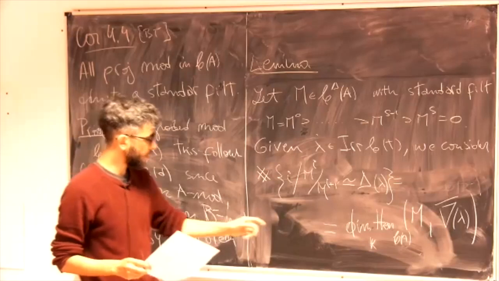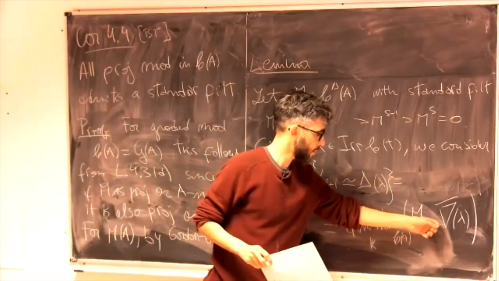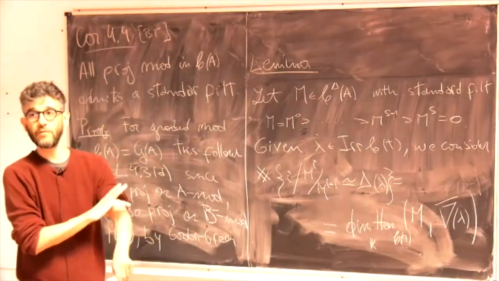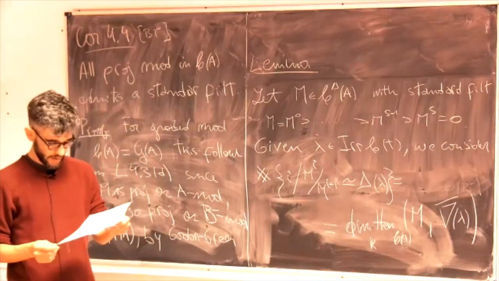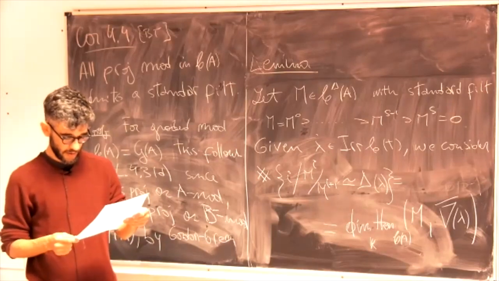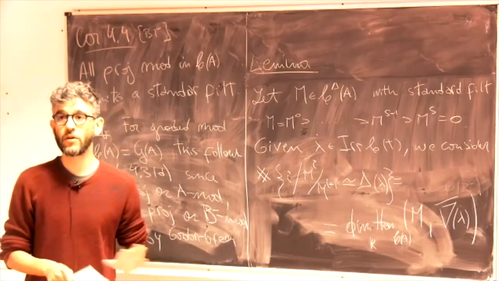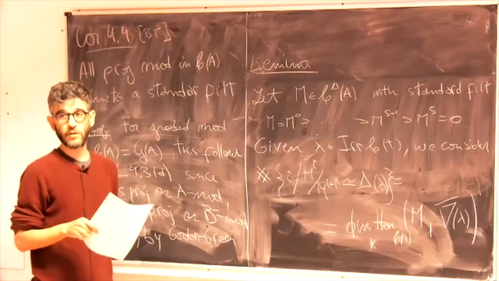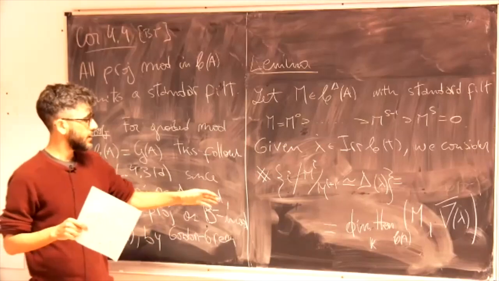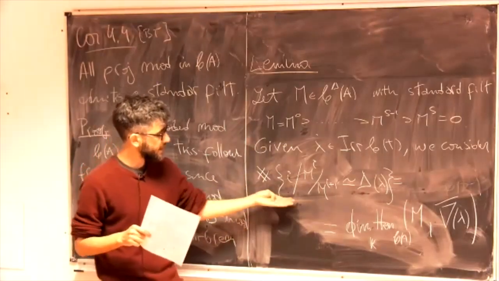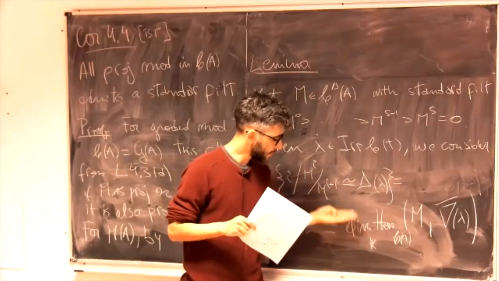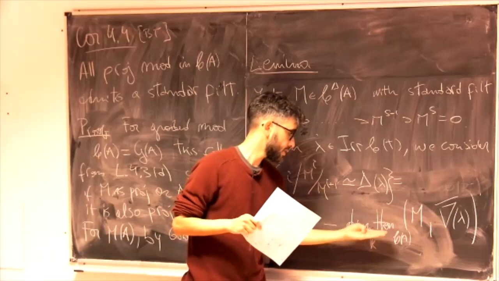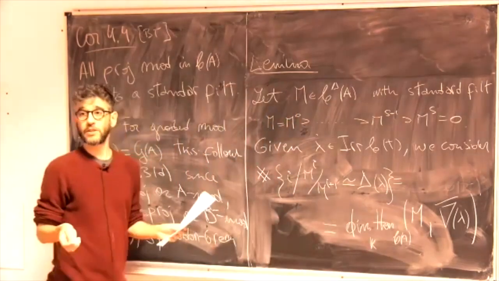And as I said before, this proper co-standard module is like a dual object of the proper standard module. I think we don't need the precise definition, so don't worry, Cornel, if you were not here yesterday. But this number can be computed by computing the dimension of this space of morphisms, which is very nice.